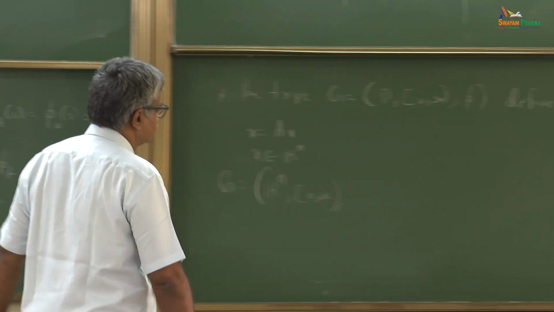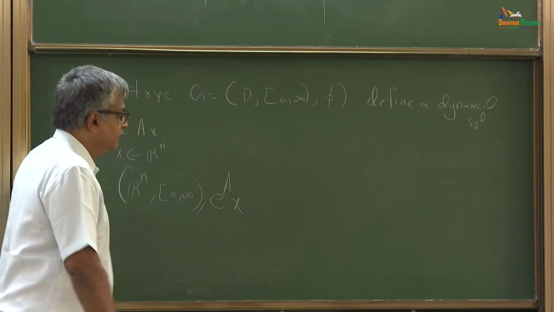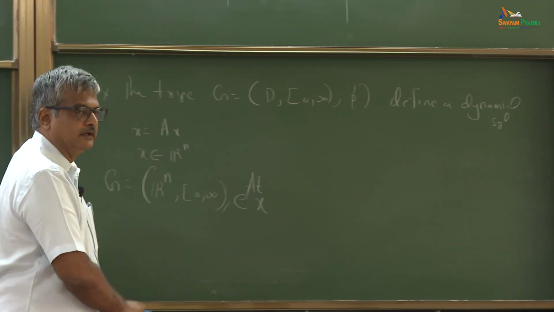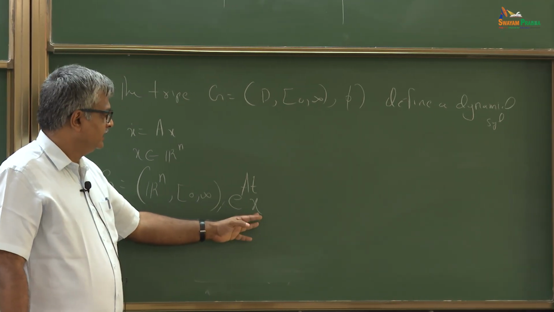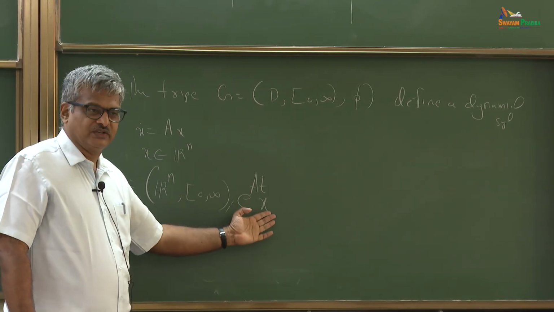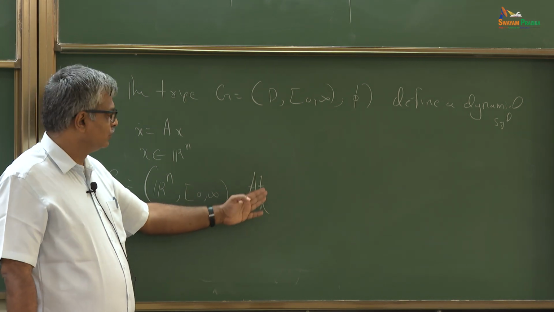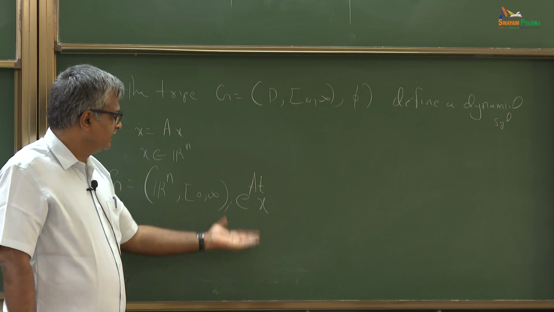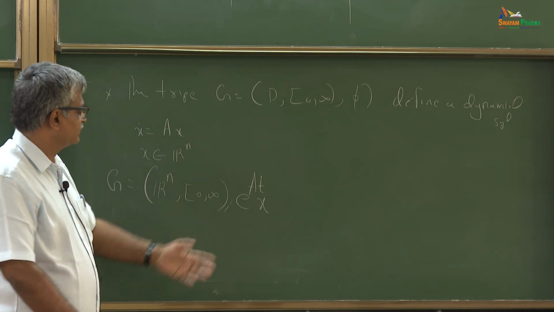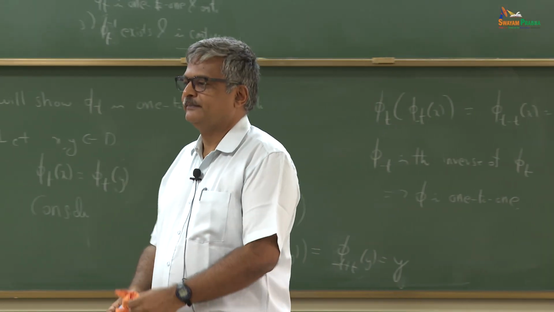Through the exponential, e to the A t, times x. If t is 0, you will get the initial condition. But if initial condition is non-zero and t is non-zero, you flow. This is nothing but the solution of this differential equation. So this is the dynamical system for the linear system.